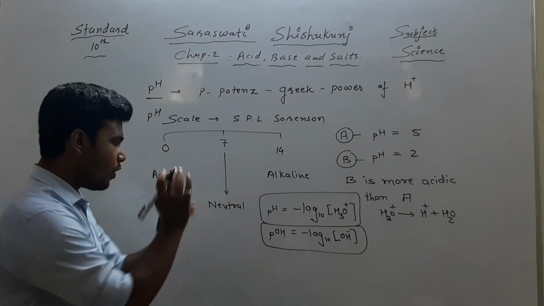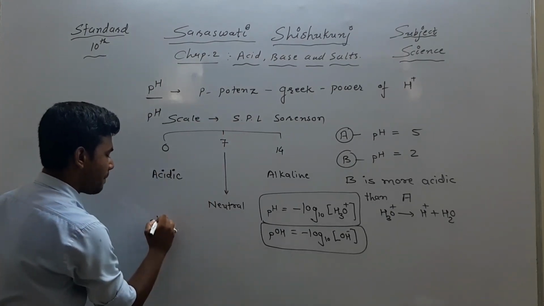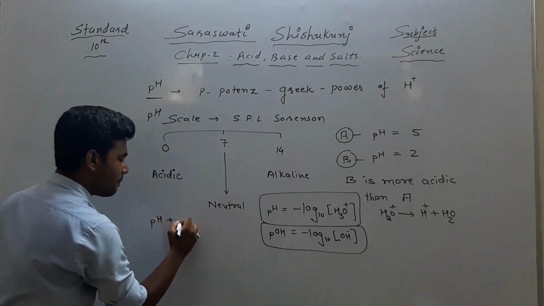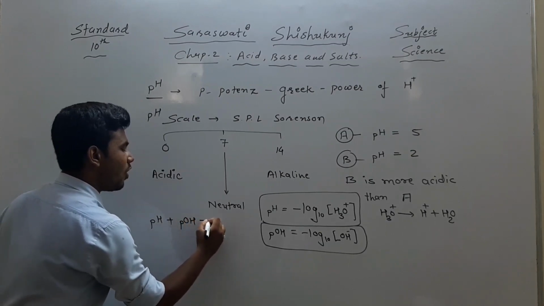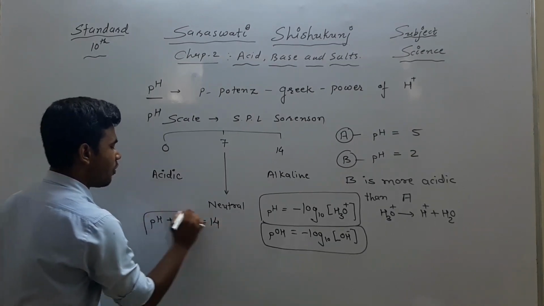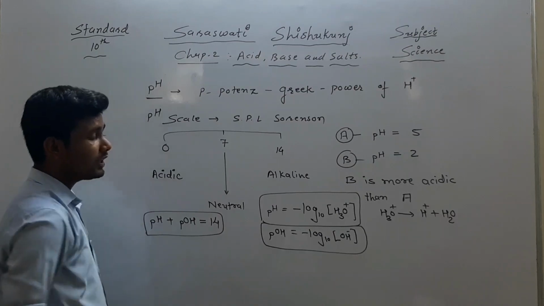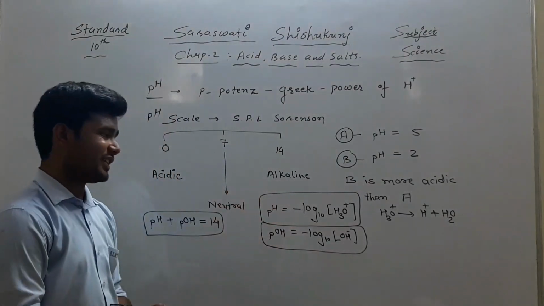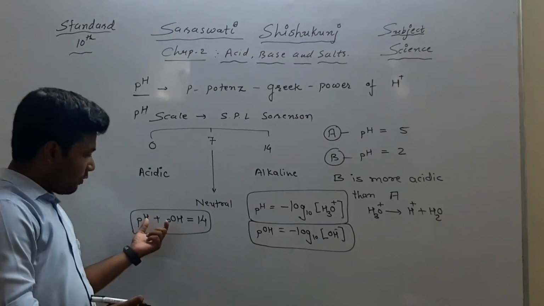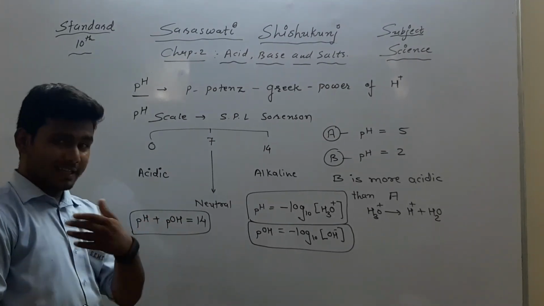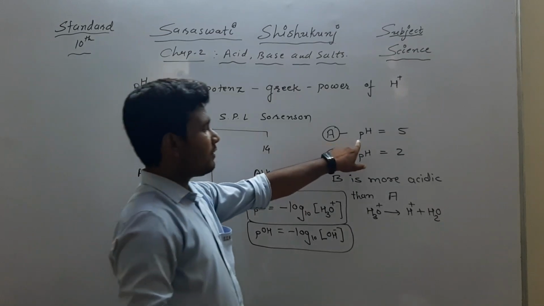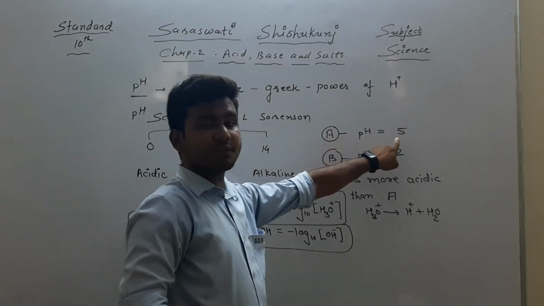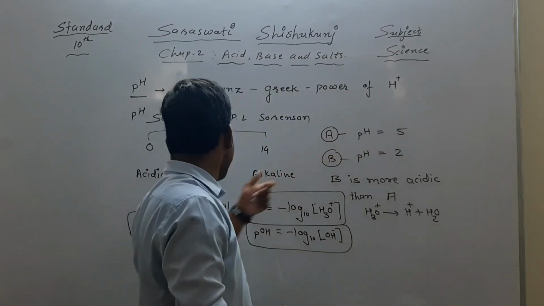Now one more concept is necessary: pH plus pOH will always be equal to 14. Different sums we will calculate on the basis of this formula. From this concept I can ask you one question: if for solution A the pH value is 5, what will be the value of pOH?